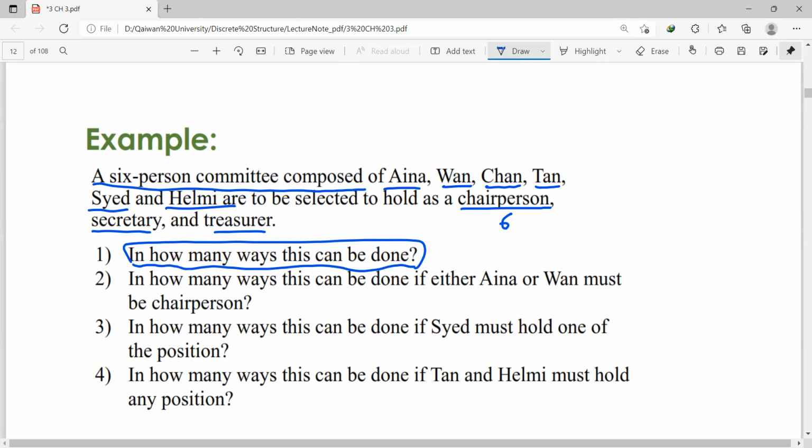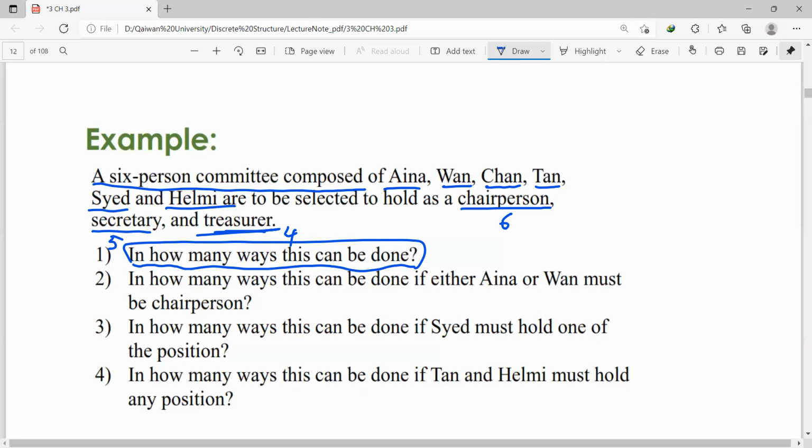After choosing the chairperson, the number of people becomes 5. Now, for the secretary, we are going to choose among 5. That means we have 5 ways. And for the treasurer, we have 4 people, because if one of them got a position, he or she couldn't take another position.